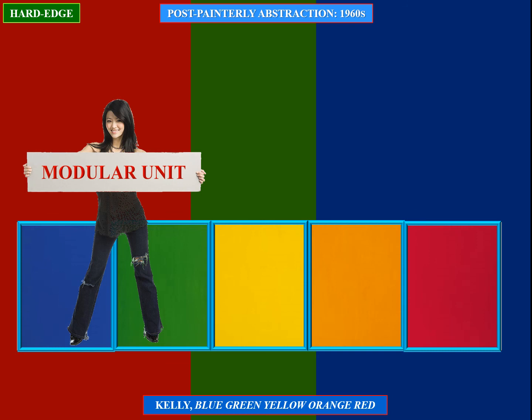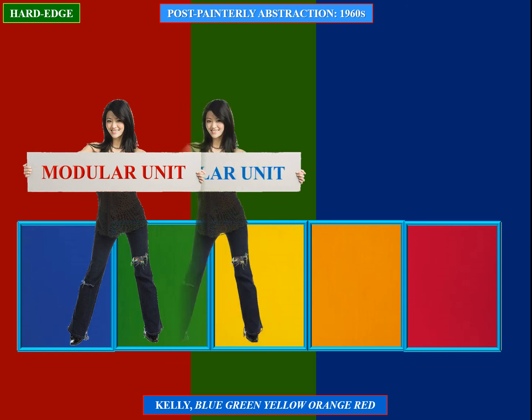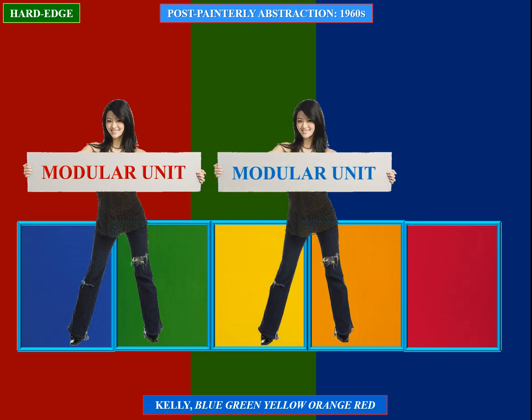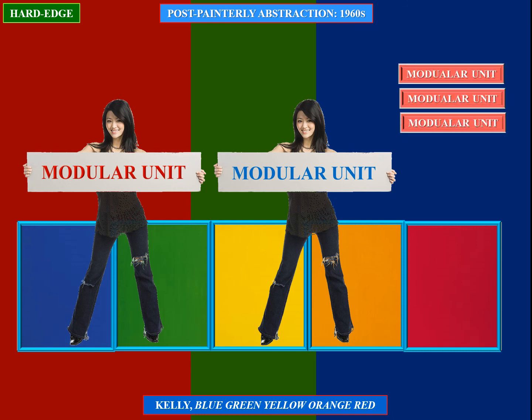This is an example of modular units. The modular unit, the proportioned size of a form, of an image, is repeated and they become interchangeable. And listen, the modular unit becomes a mainstay in the aesthetics of modernism and is not just used in hard edge or post-painterly abstraction.